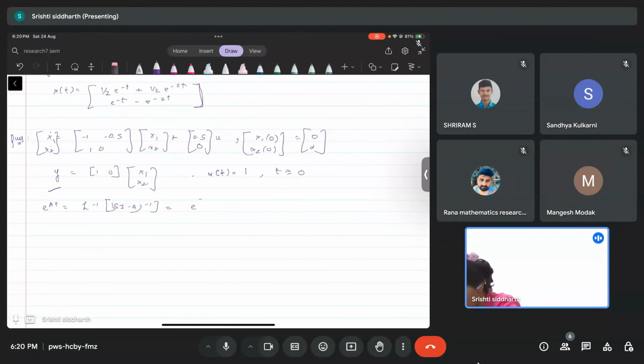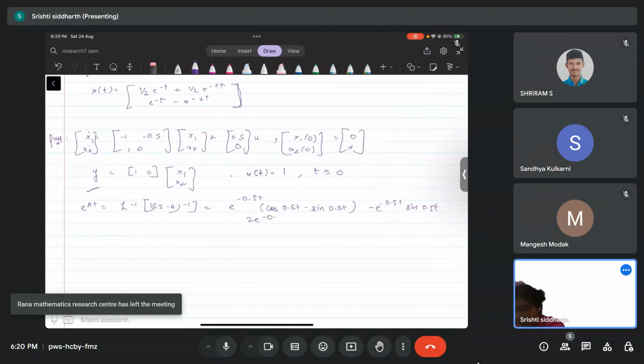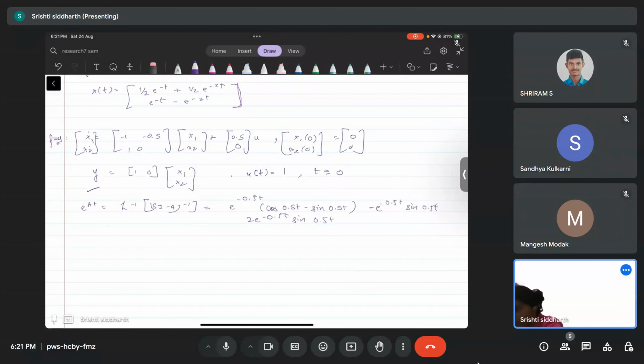This is something like minus 0.5t. Sorry, sine of.